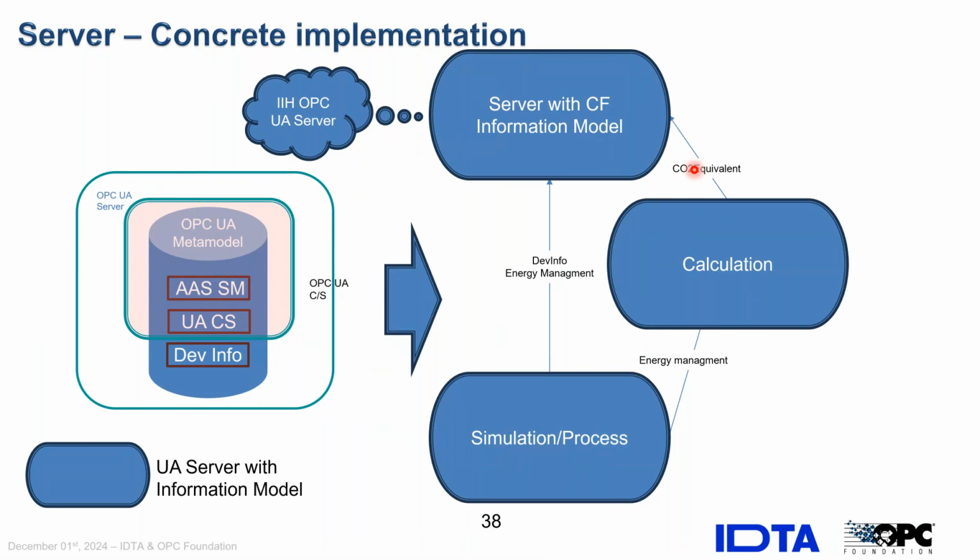The reason for that intermediate OPC UA server is that we didn't want to program directly in our IIH server, but this is only for the POC. In future, we will utilize the full IIH mechanisms for this.